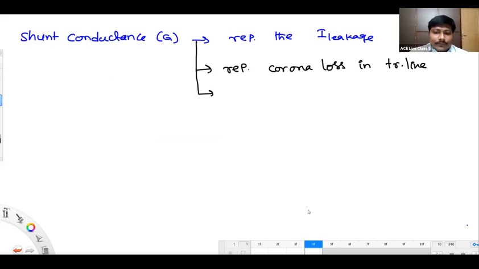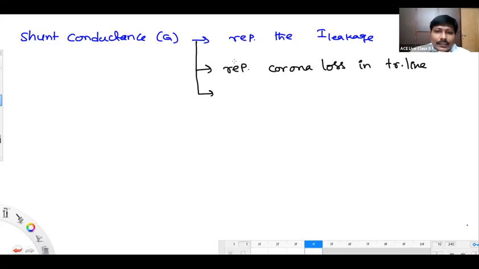Next. Generally, in the air gap between the conductors, there exists some dielectric loss. In which element should we keep that dielectric loss? That is also in the parameter G. Why? Dielectric loss again depends upon the voltage, so it is better to keep that in the shunt element form.